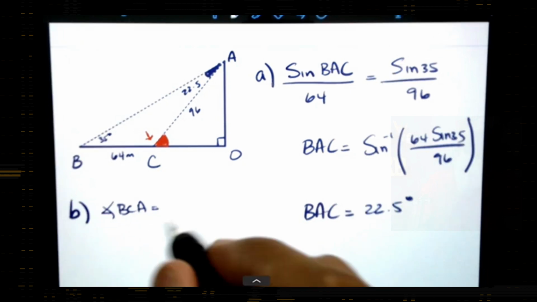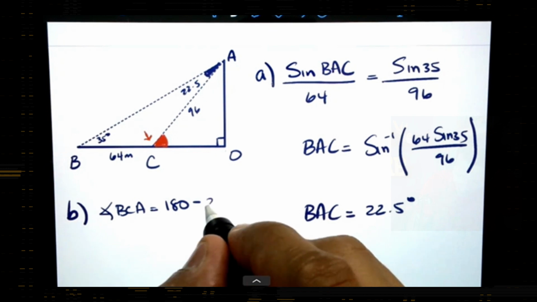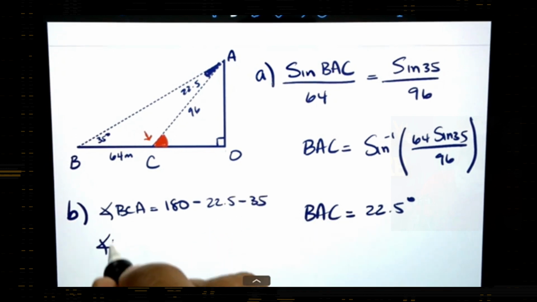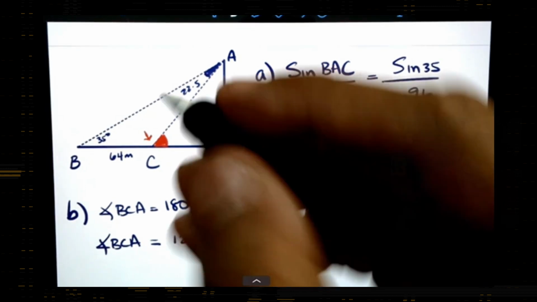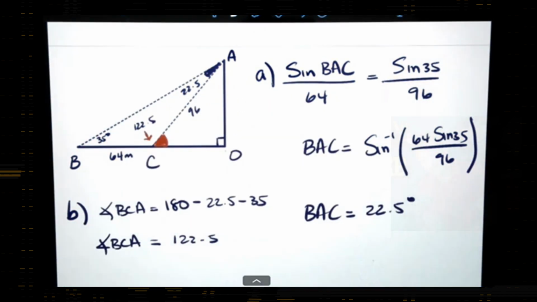I'm going to subtract 180 minus 22.5 minus 35. So 180 minus 22.5 minus 35, this is 122.5.